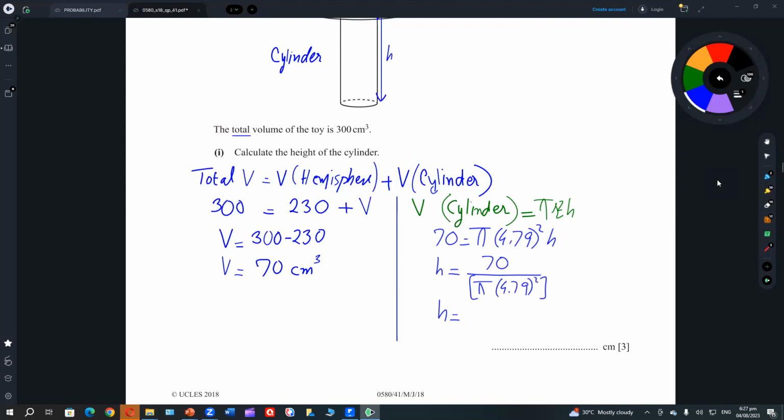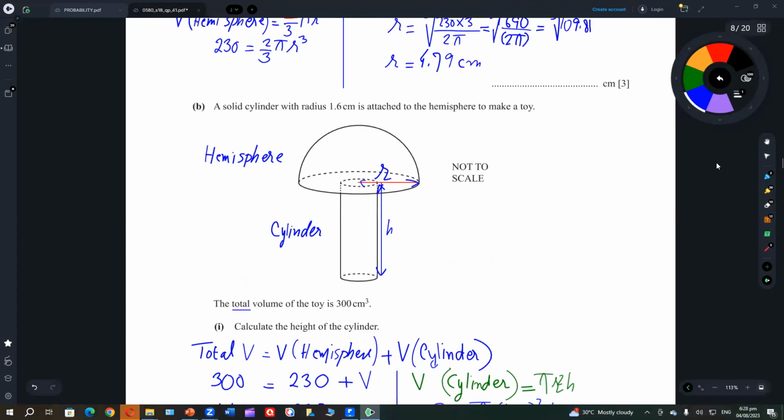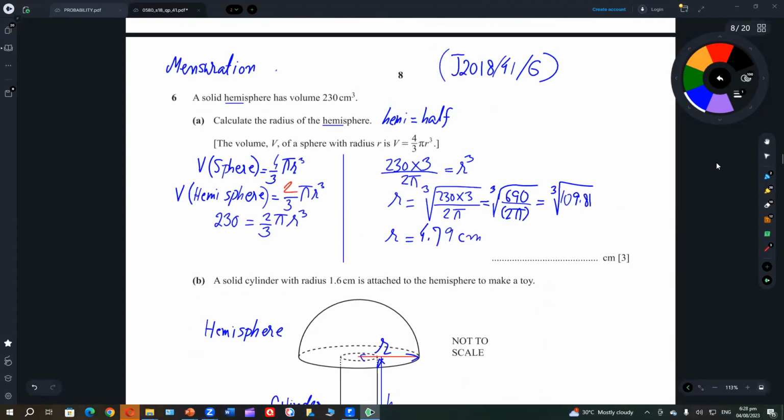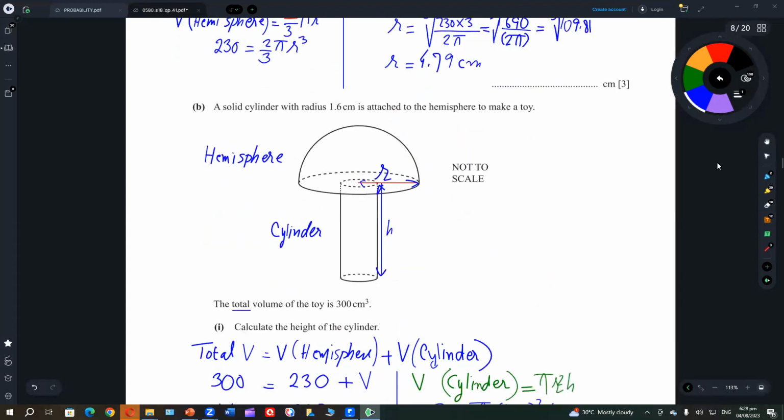Yes, sir. Just one thing. You know the radius of the cylinder is the same as the hemisphere? No, look at the diagram. Is it the same? Oh, you're right, because I have put the radius of the hemisphere. We got the radius of the hemisphere.